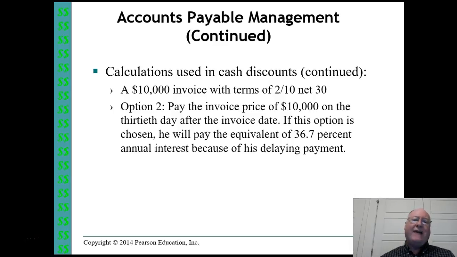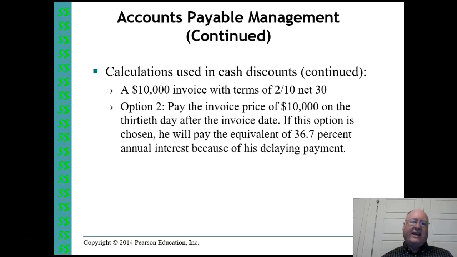So when you have the opportunity to do so, especially when it's something like 2%, always take advantage of paying within those 10 days. Because of the effective interest rate of 36%, you can't do any better than that. So you're almost always better off taking advantage of the cash discount.